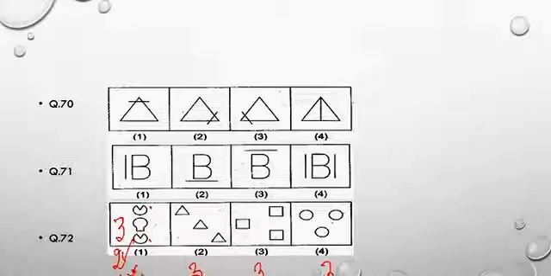So we find that option 1 is different because it has got one design which is different. So in totality there are only two designs which are same, one design is different, whereas in other options all three designs are same. So answer to question number 72 is 1.